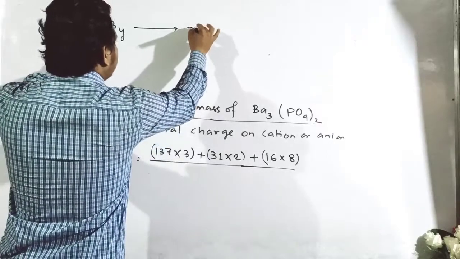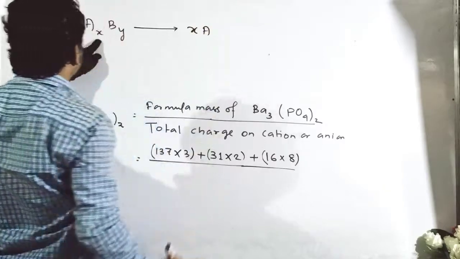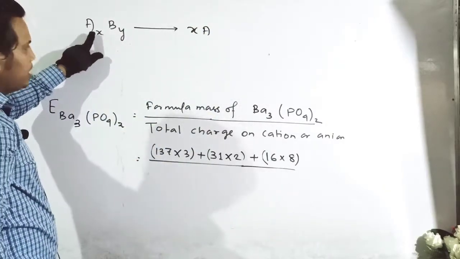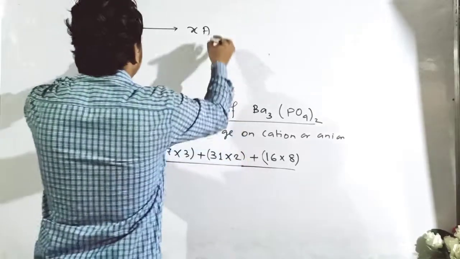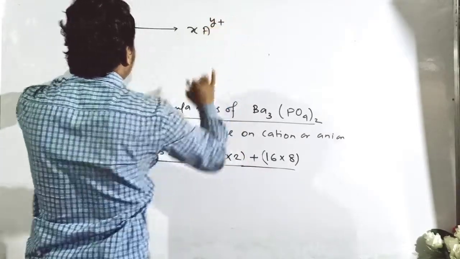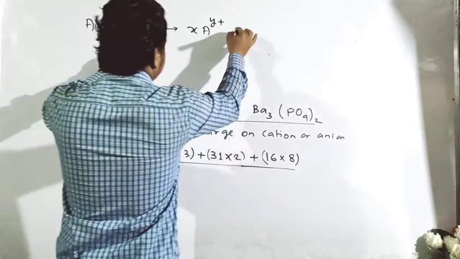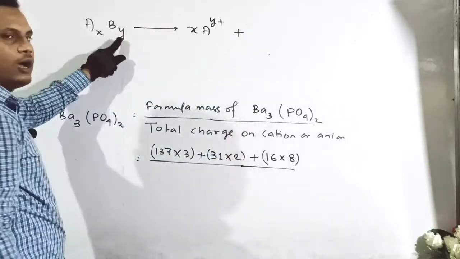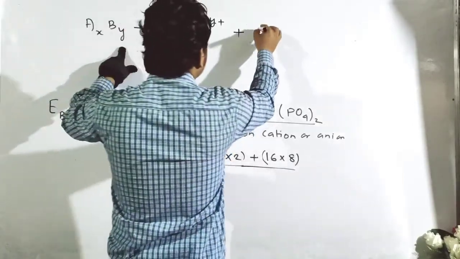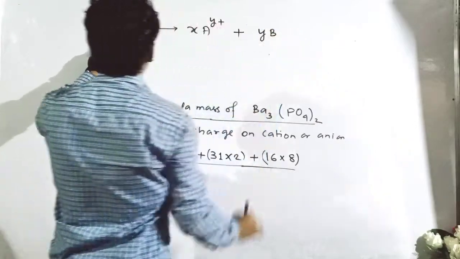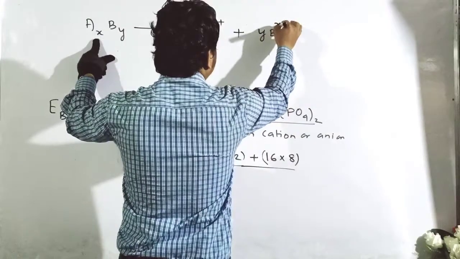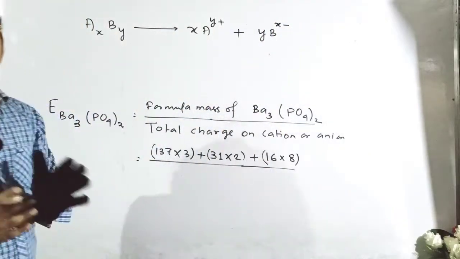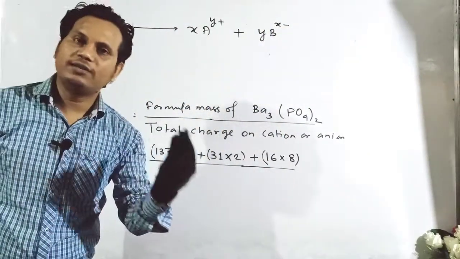So it will be x times of A. What will be the charge? The second one, y, so it will be y positive. Plus B, how many times? y times. So y times of B. What will be the charge? The first one, x negative.